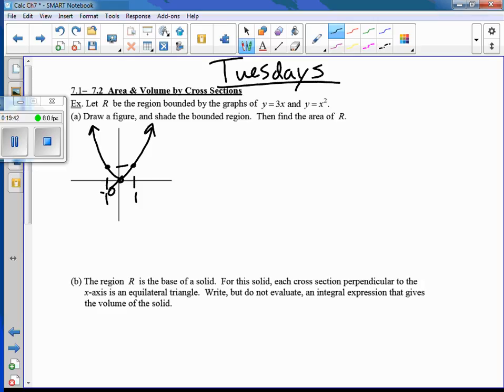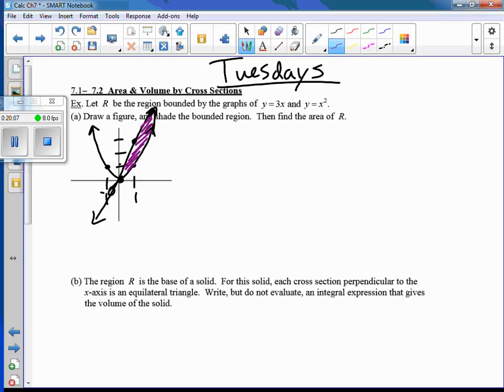And 3x has a slope of 3, so that's 1, 2, 3 over 1. And so we get a graph that looks like this. Now, please forgive me, my drawings are not perfect. Okay. So this right here is our shaded area. So it says draw a figure and shade the bounded region.